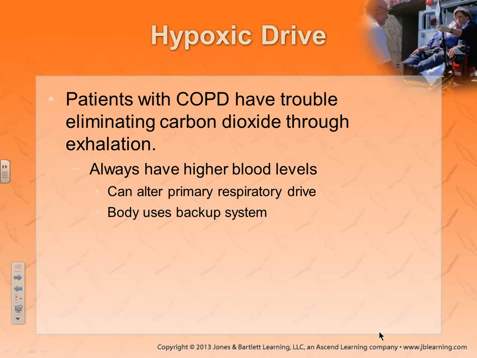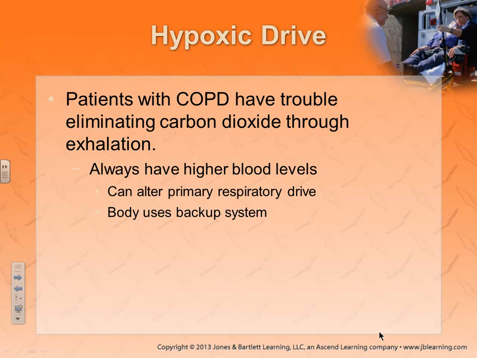Somebody tell me what the hypoxic drive is. Okay, so the body gets used to having higher levels of CO2 in the blood. A normal person, and I think I might have actually said this backwards last week, the stimulus to breathe is, hey, we've got increasing levels of CO2, so we need to breathe to get some of that CO2 off, right? In a healthy person.